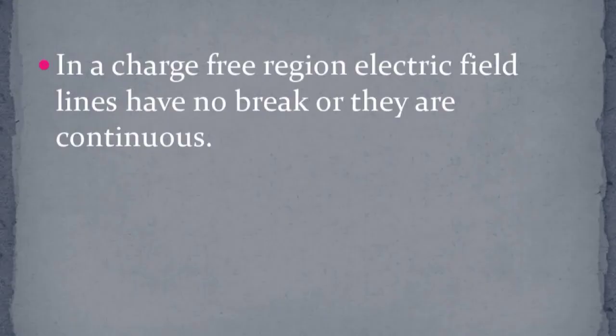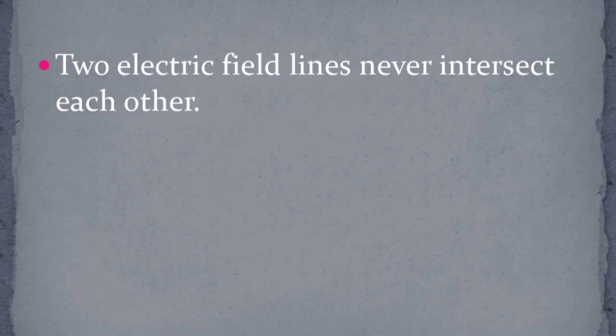In a charge-free region, electric field lines have no break; they are continuous. Two electric field lines never intersect each other.